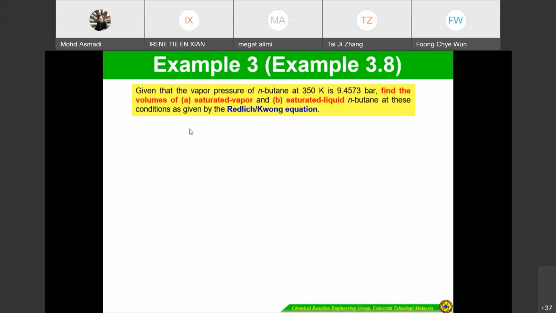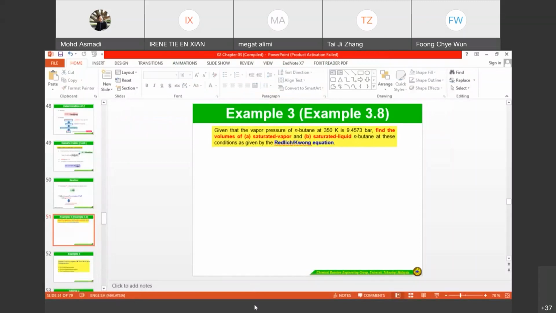So what you have to do is, of course, the component is n-butane.